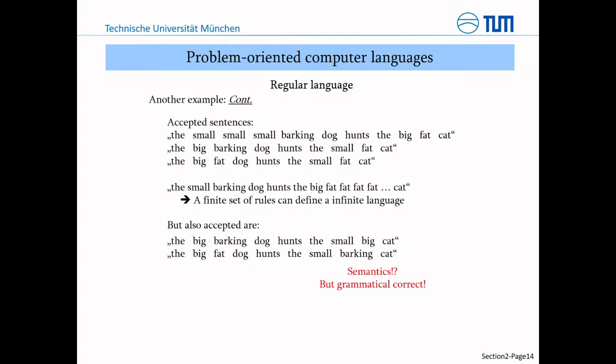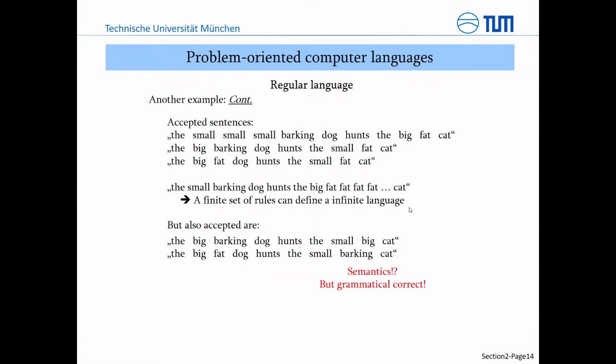If you follow the graph which you saw before, you will see that you will have sentences like the small barking dog hunts the big fat cat. So you have repeating words, and therefore what does it mean? You can create an infinite language, so you can repeat small or other words like this according to the repeating sequence.